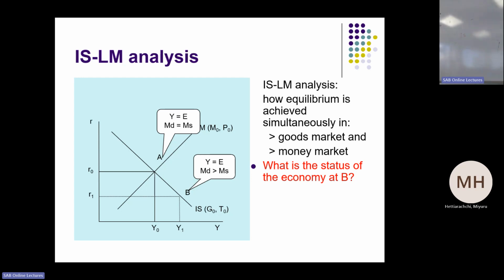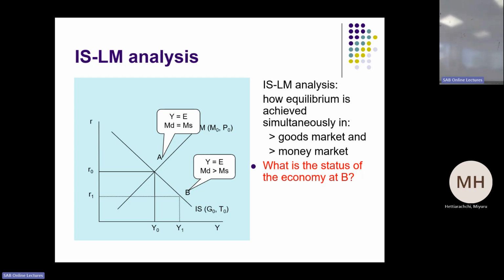And point A is above the IS curve, which means excess supply of goods.